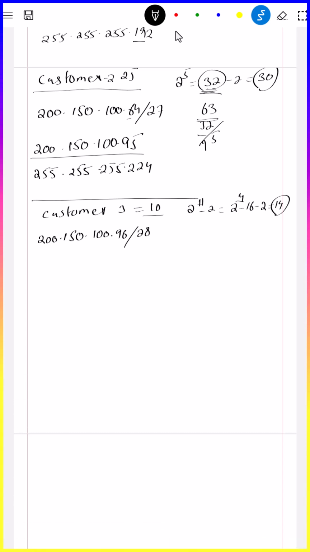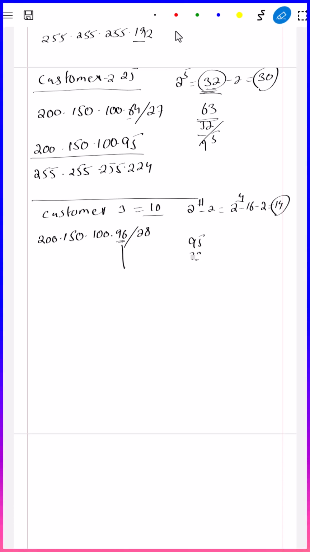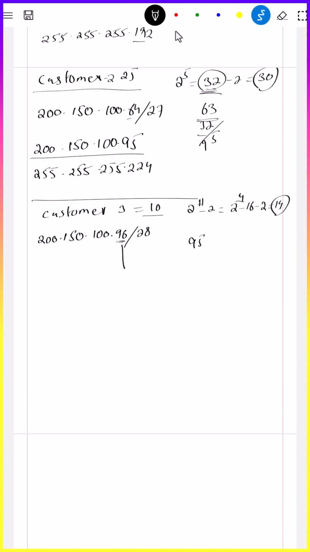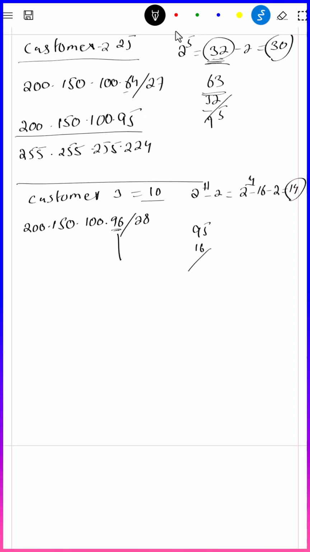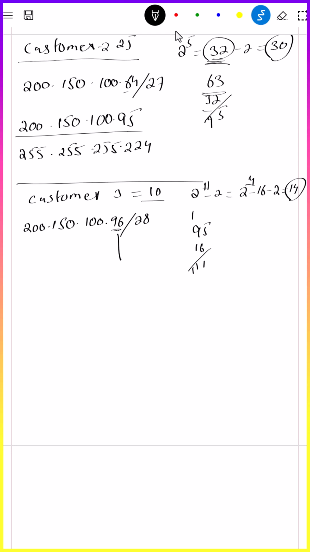Okay, so let's find out. This is the first value, my network value. What will be my last value? Simple, 95 plus 16, not 32. So 95 plus 16 is equal to 111.